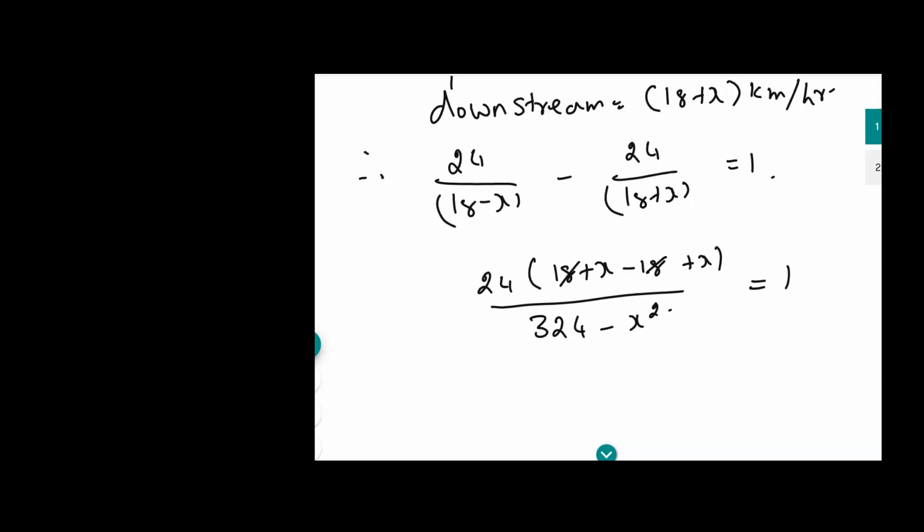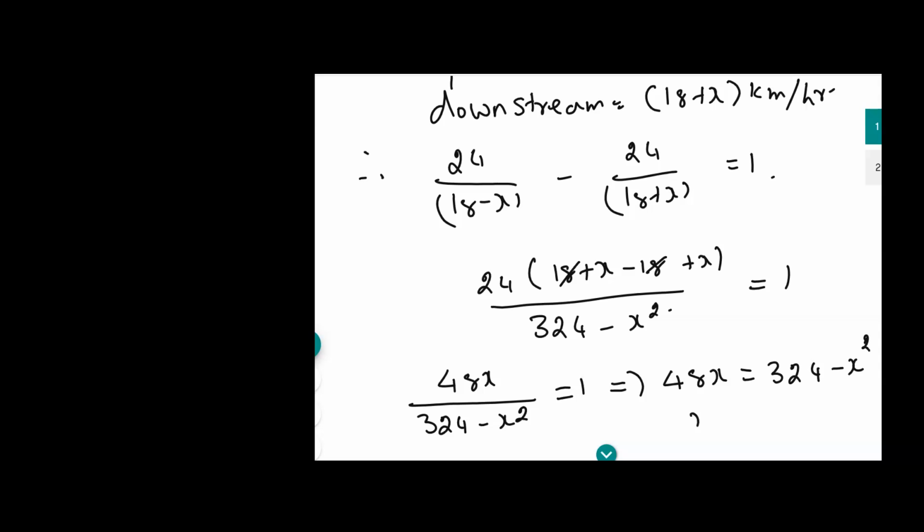So 24 times 2x is 48x divided by 324 minus x squared is equal to 1, so the equation becomes 48x is equal to 324 minus x squared, or x squared plus 48x minus 324 is equal to 0.